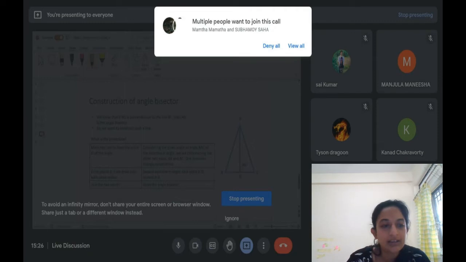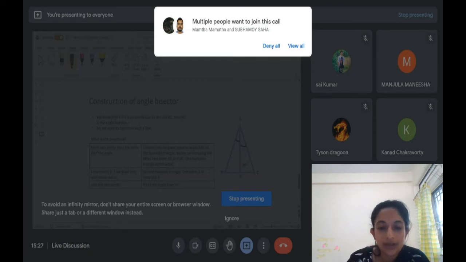Now, the third construction that you looked at during the week's lecture is the angle bisector. Again, if we go back to the isosceles triangle, we had seen that if I drew a line AD perpendicular to line BC, this line AD was also bisecting this angle BAC.